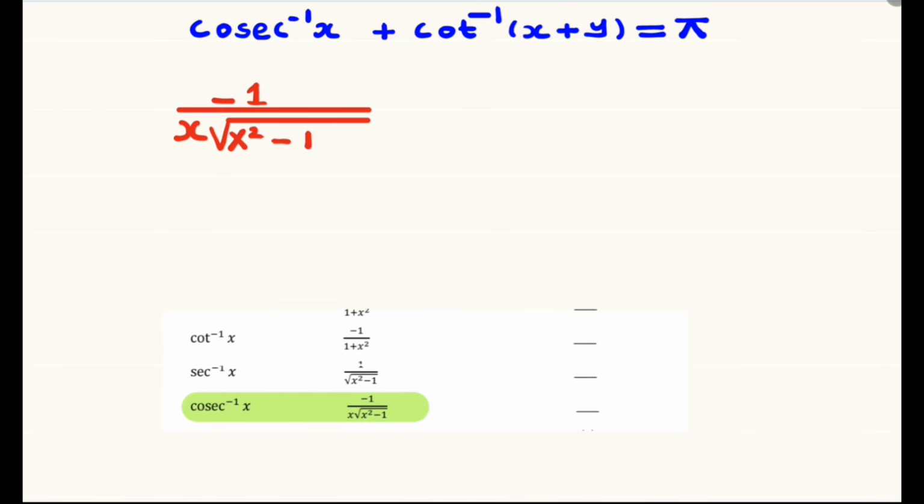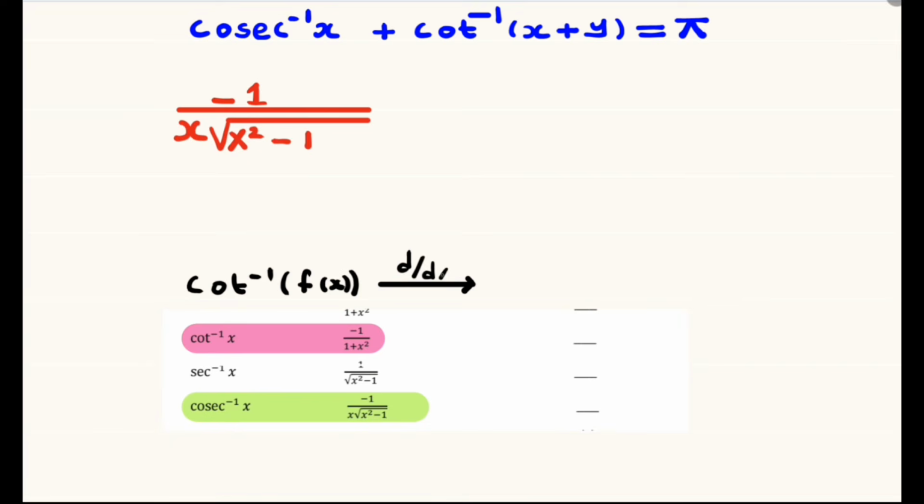For the arc cot of x plus y, it is not going to be straightforward like when we have the arc cot x. Suppose that we have the arc cot of f of x. The derivative with respect to x will have, in the denominator, 1 plus f of x raised to the power 2, and in the numerator the derivative of f of x.